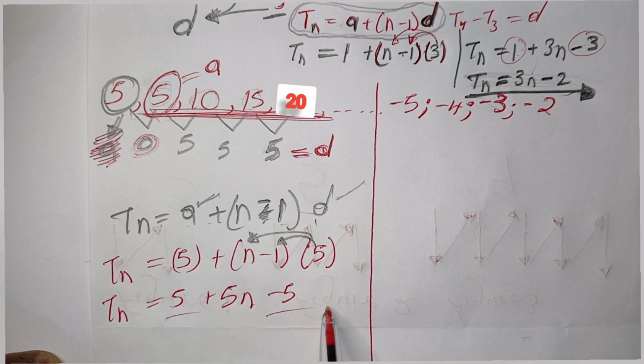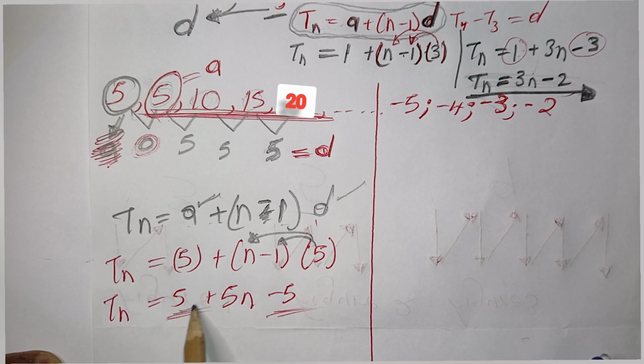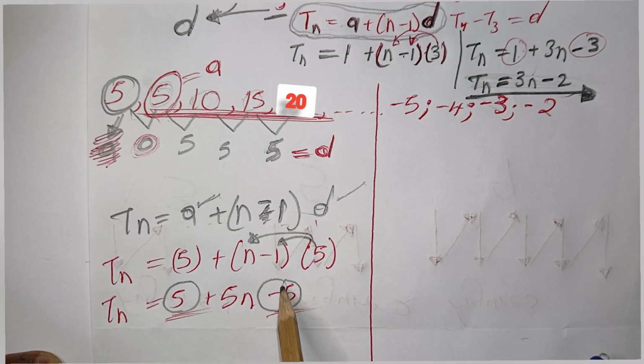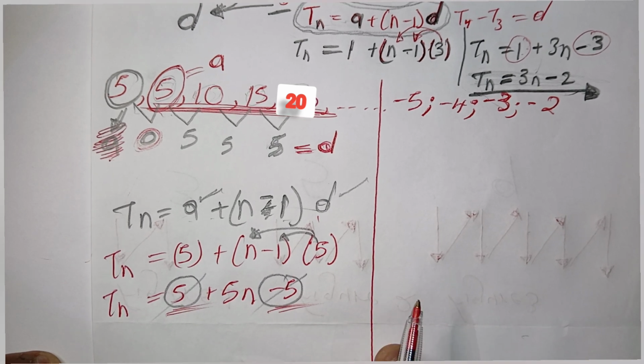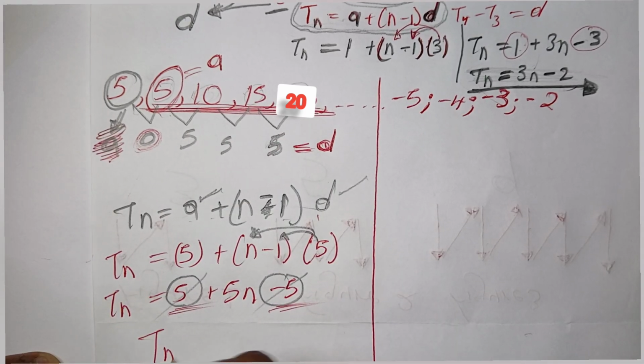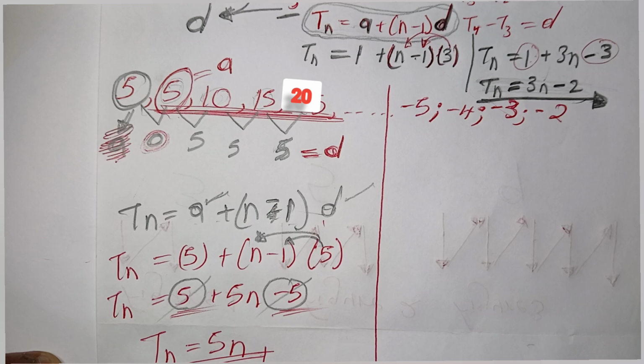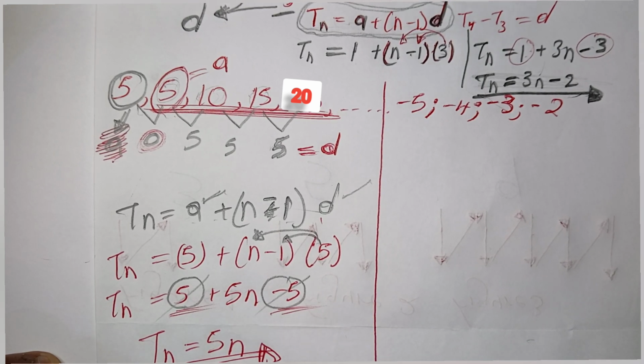These two are just numbers. You can collect them using a calculator, and you just get 0. They cancel each other. So the general equation of this pattern is 5n. Do you see that? This is the equation of this pattern.